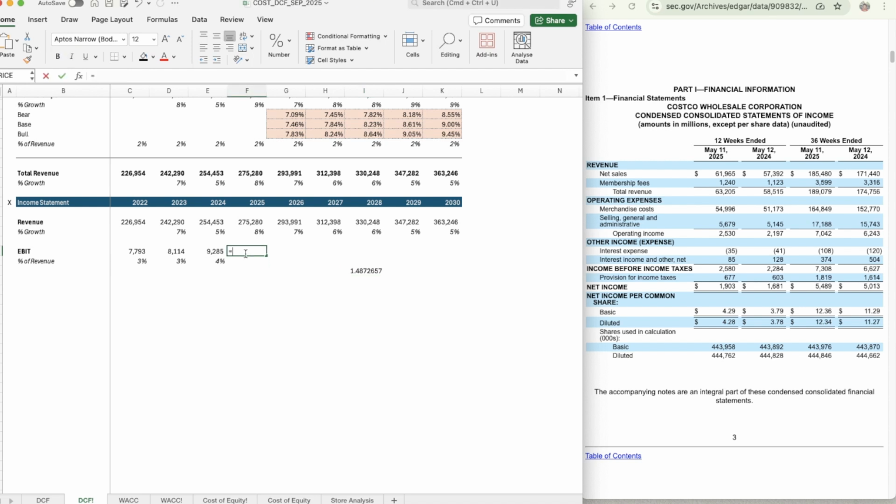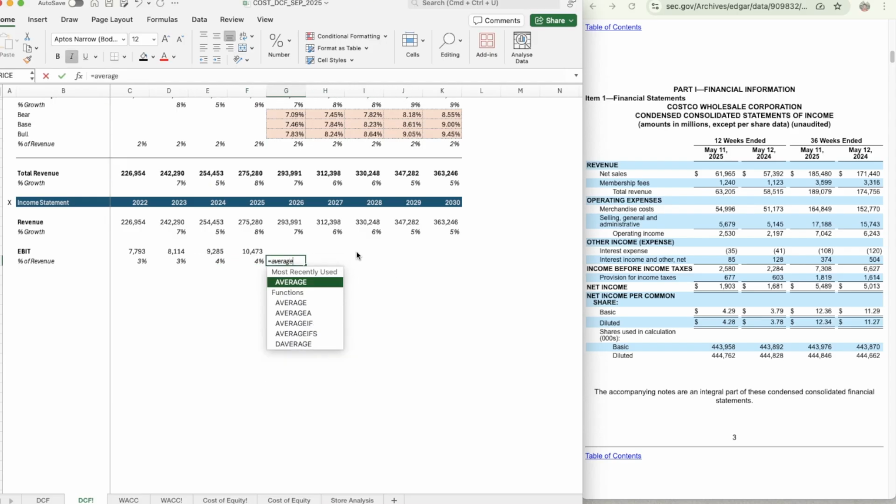So if we take 7042 multiplied by 1.4872, we get 657. So you should do more than 10 billion in EBIT this year.